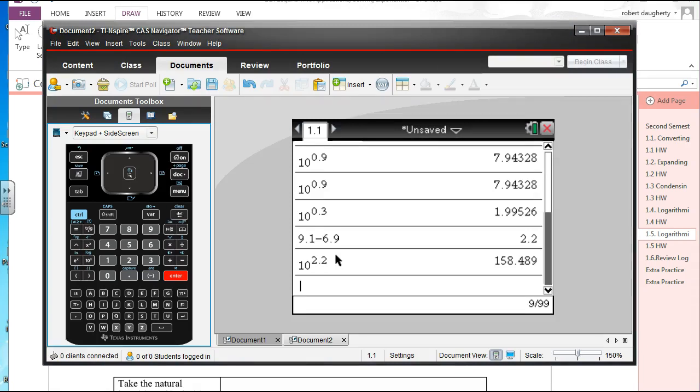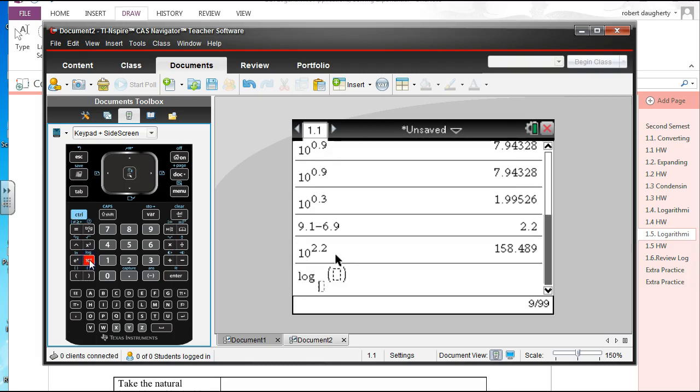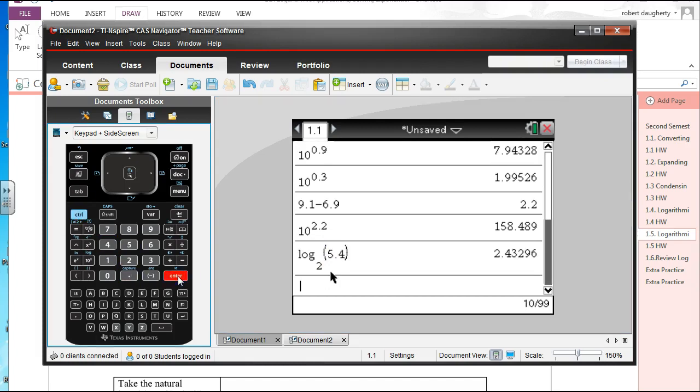Your log key is this blue button right here, so control, I see log, okay, I see a subscript in here. So what goes here? 2. And then what goes here? 5.4, and I get an answer there, 2.433. Now, if your calculator did not do it, this one, you have to have the TI.